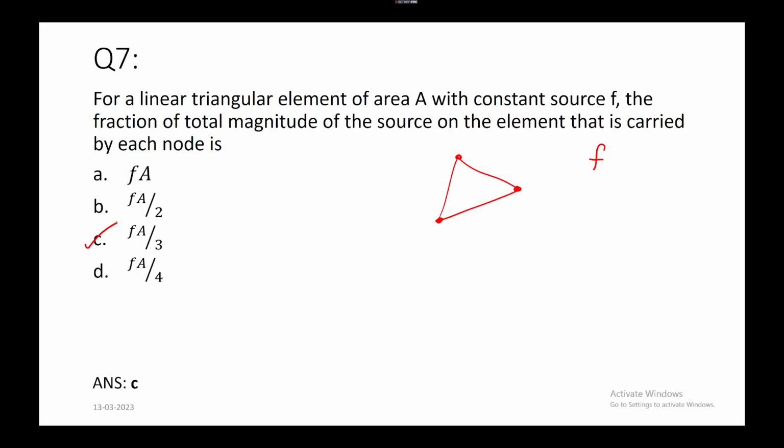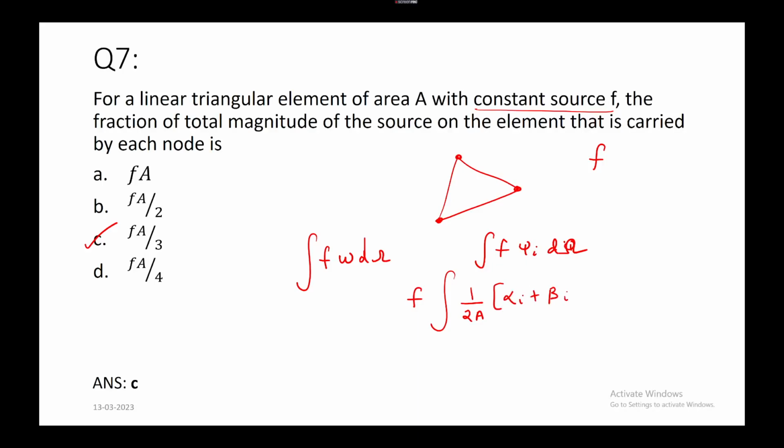So if you simply take the f into w into d omega, right? So this is nothing but f into psi i into d omega. And if you take your f constant, it is constant source, you can take f outside. Psi i is nothing but 1 by 2A times alpha i plus beta i x plus gamma i y into d omega, right?